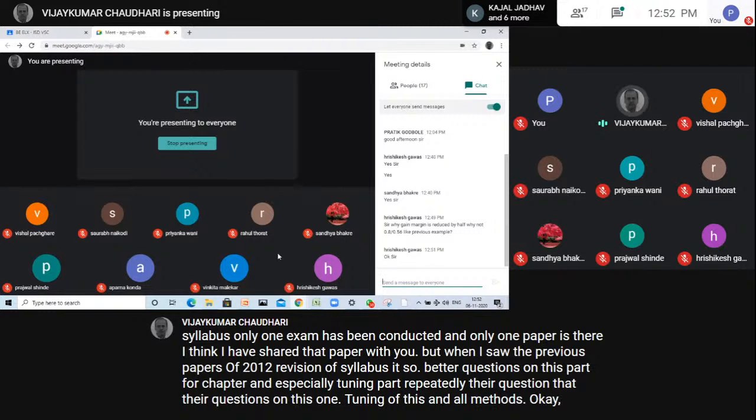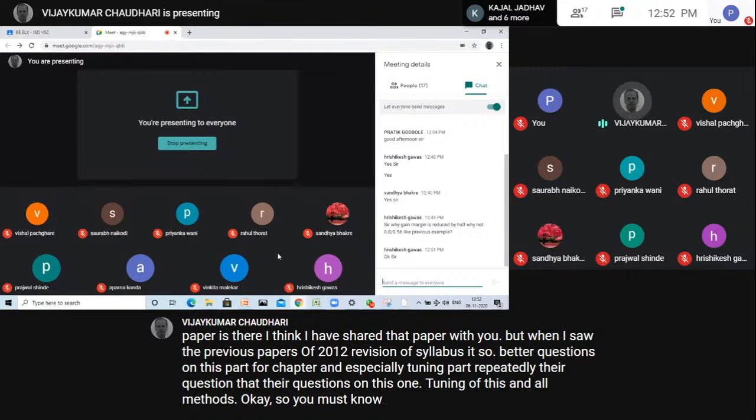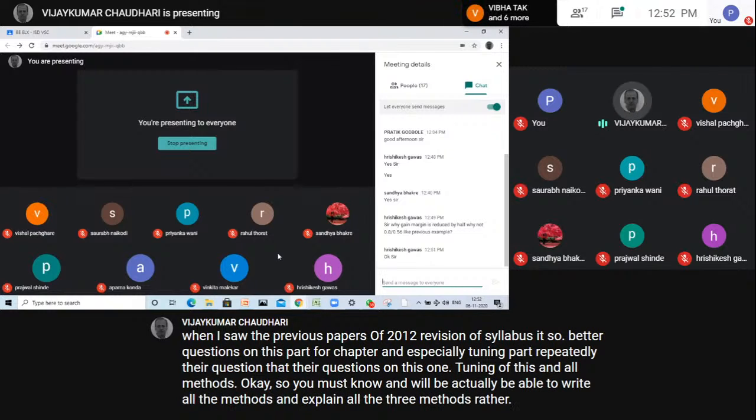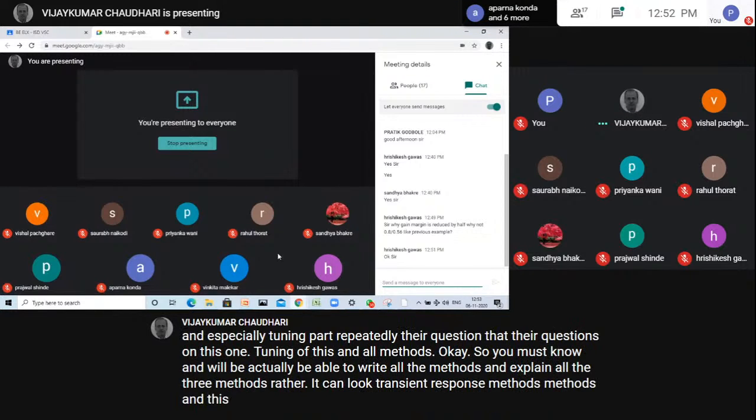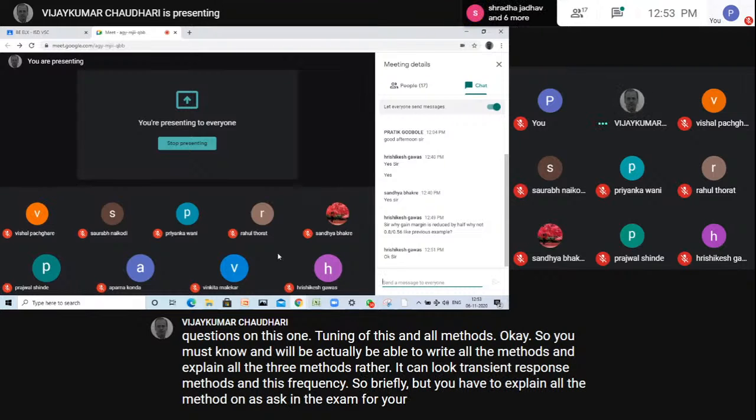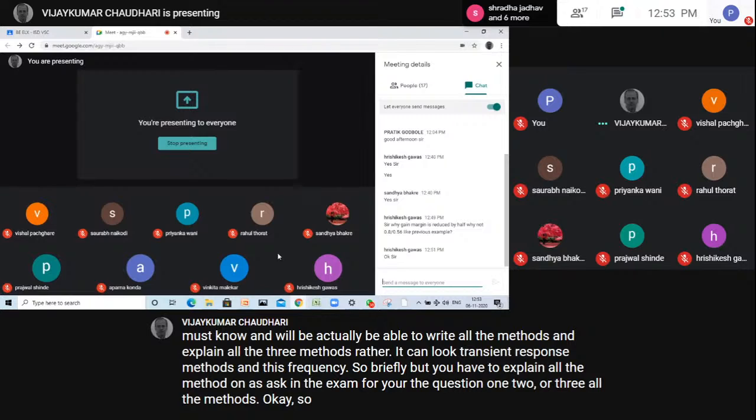So you must know and be able to write and explain all three methods: the open loop transient response method, the Ziegler-Nichols method, and the frequency response method. Go briefly, but explain all the methods, or as asked in the exam, whether one, two, or three. That's it from today's lecture.